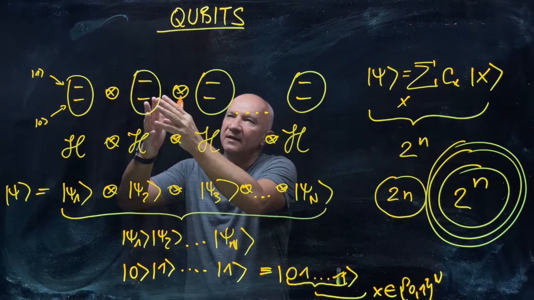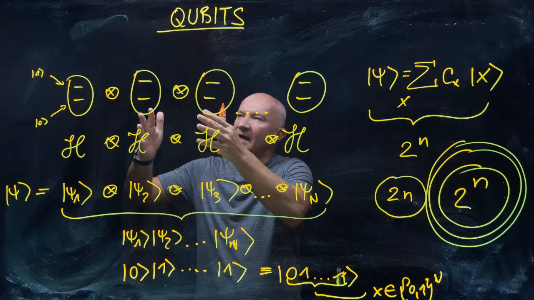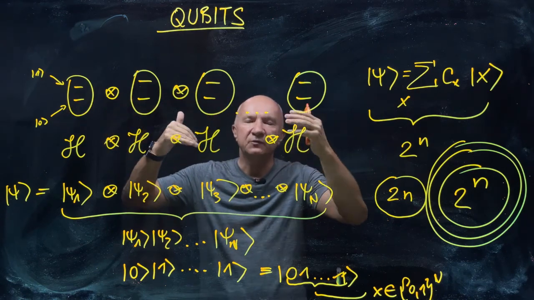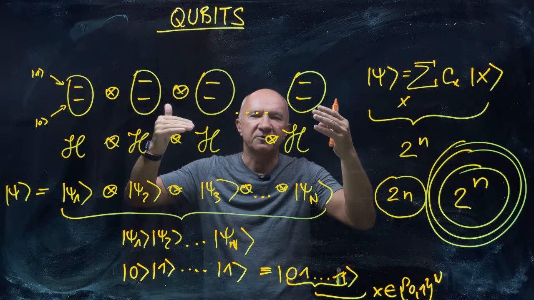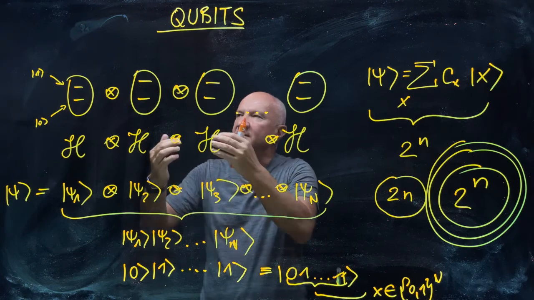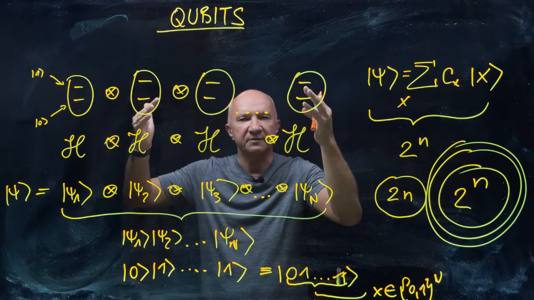If you look at the whole picture, you see that with n qubits, if you look at the basis states, I can prepare 2 to the n different configurations. If I look at the computational basis in particular, I can use my n qubits to represent 2 to the n binary strings.